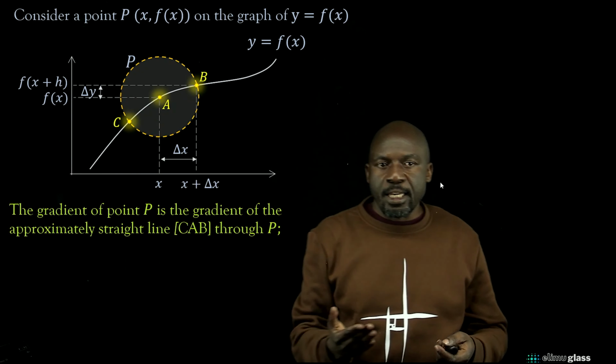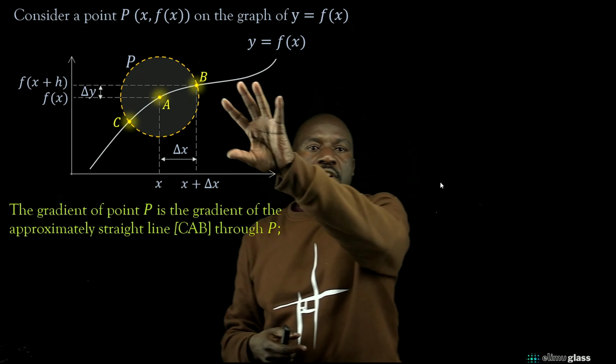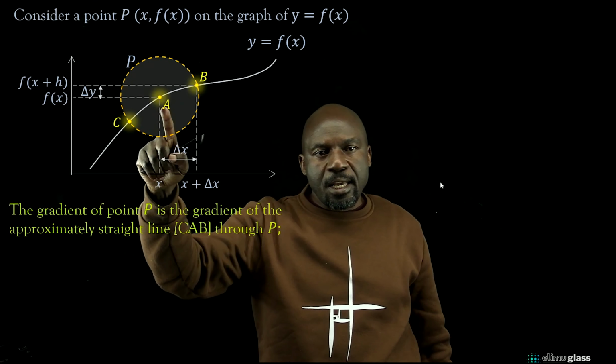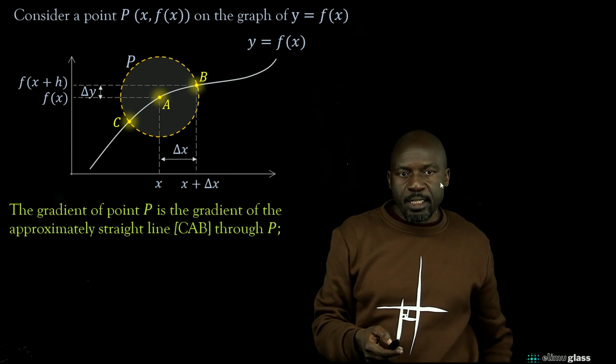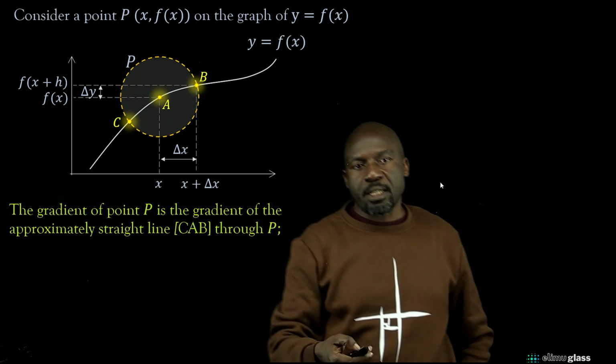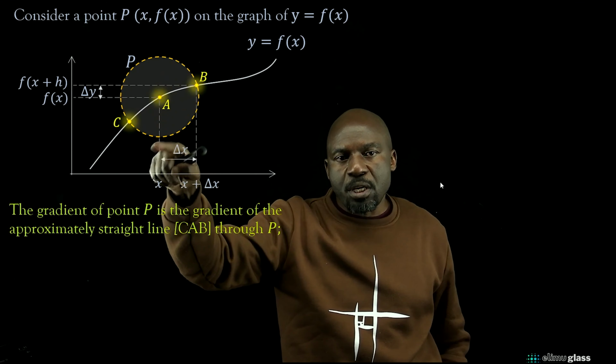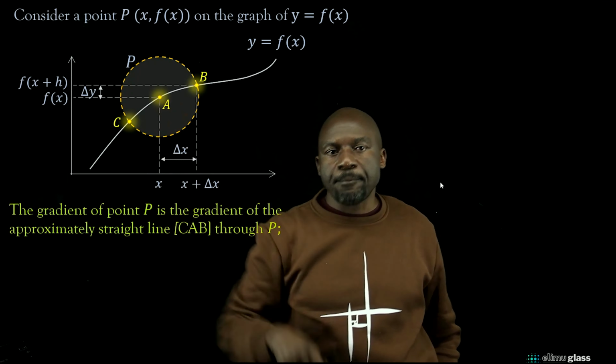The reality is that as I make my point P smaller and smaller, the resulting line CAB becomes a straight line and the gradient becomes better. We can talk of the gradient of line CAB provided point P is very, very tiny. Okay?